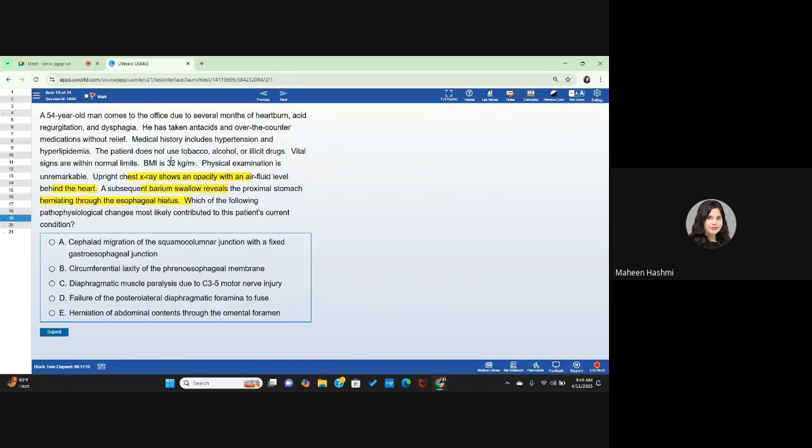So what's happening? Obese patient, heartburn, regurgitation, dysphagia. What are they talking about? Hiatal hernia. Very good. Why does it occur? Hiatal hernia is because of phrenoesophageal membrane laxity.